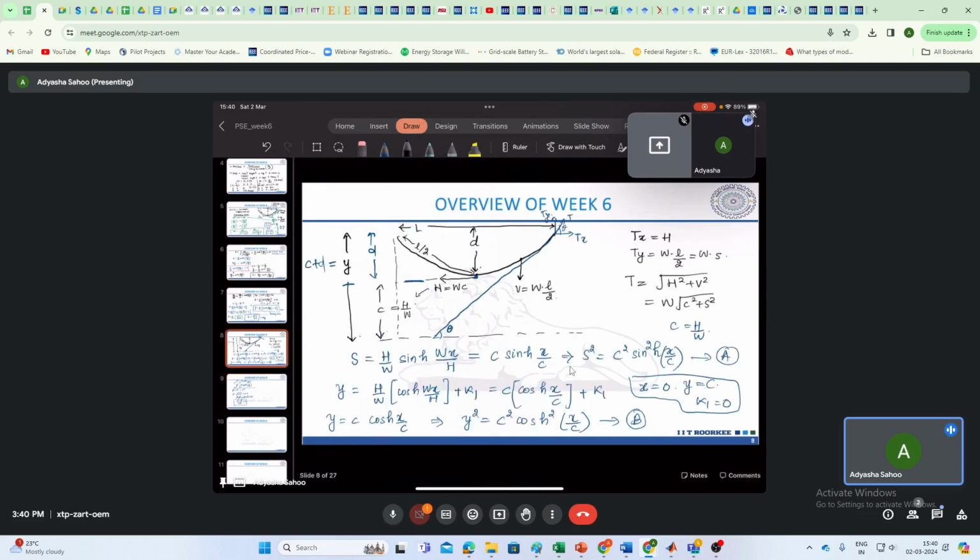Now here we have seen this tension, capital T. In that we can again write as W into Y, right?